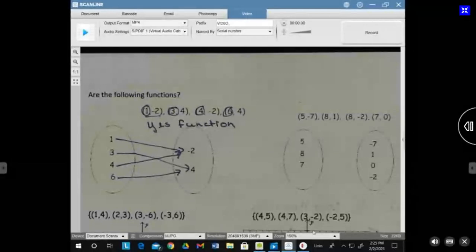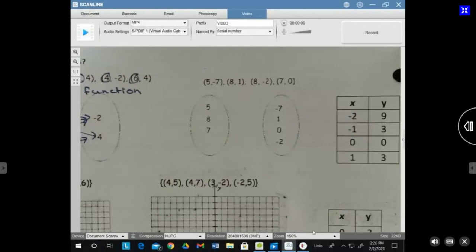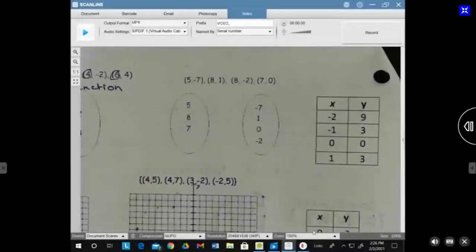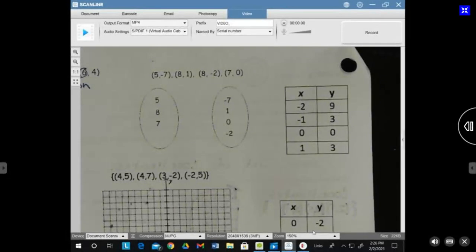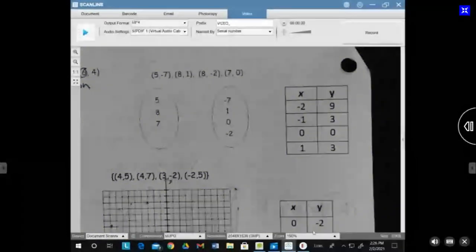All right, and you see one arrow coming out of every X on your mapping, yes? So you know they only occur one time. Let's do that mapping for my next one here. 5 and -6, 8 and 1, 8 and -2, and 7 and 0.